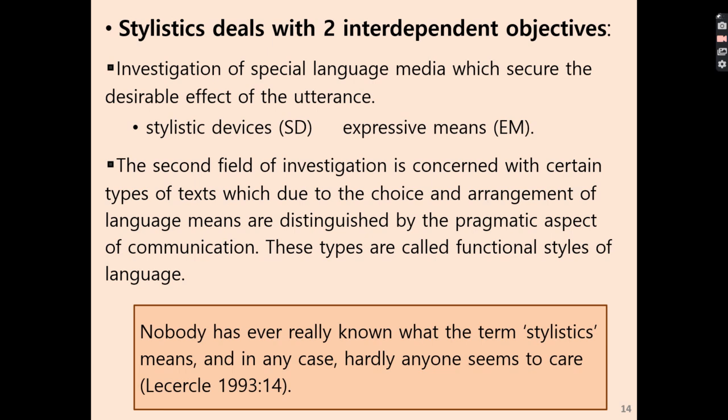The second field of investigation is concerned with certain types of text which, due to the choice and arrangement of language means, are distinguished by the pragmatic aspect of communication. So it is now the functional styles of language. When we say pragmatic, we are going to take a look at the context, okay?